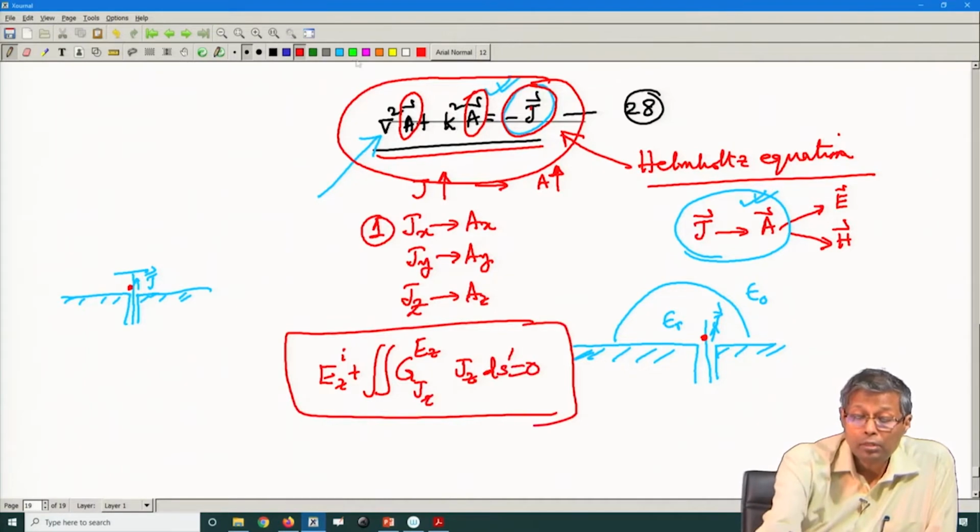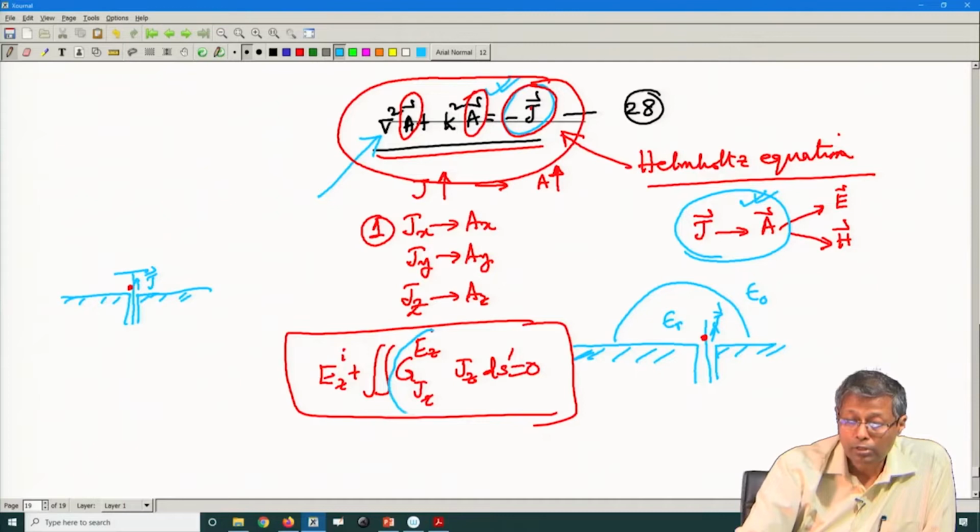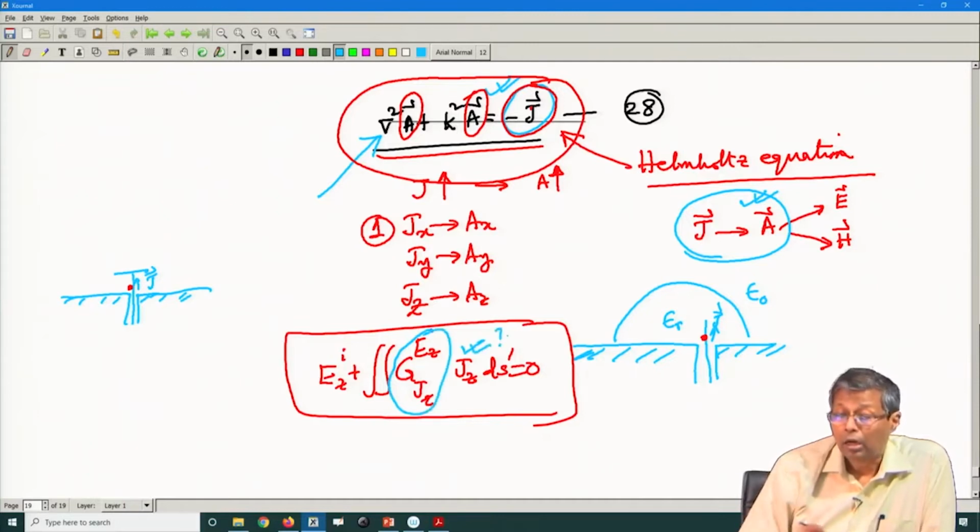So, once this Green's function is obtained, we can evaluate the true current by the imposition of the Pocklington's integral.